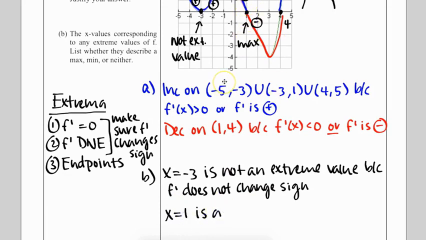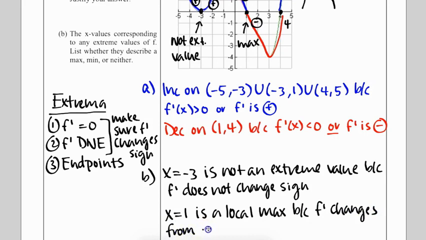We don't have any information about the y values, so I can't say that this is an absolute max, so I can only say that it's a local max. And we're going to state why. We knew because f prime went from positive to negative. Oops, that's a positive.